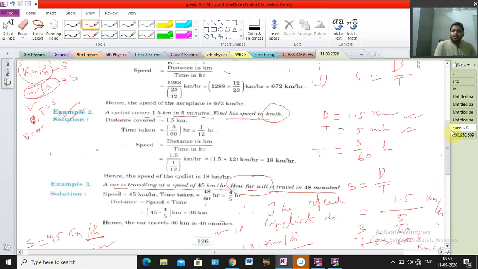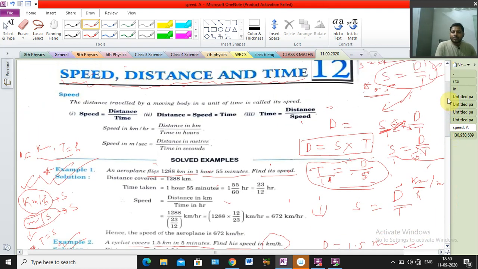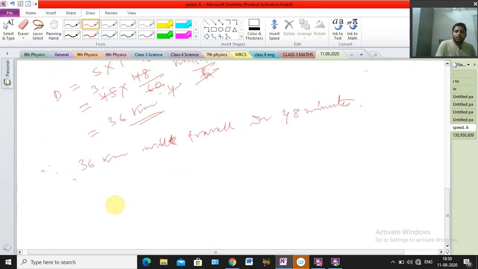So up to this one today. Next day we will discuss another example as well as exercise problems also. Okay, so take your homework, everyone. What is your homework? Your homework is the theory part, theory formulas, as well as examples also.